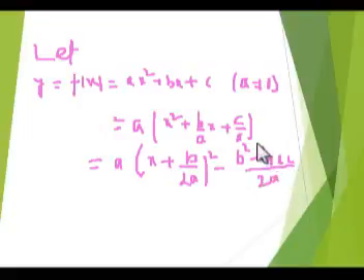Because this is the discriminant, b square minus 4ac, you can write that, and it is transferred to the left hand side.